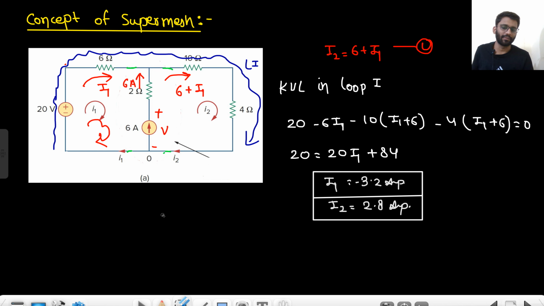Then I will need to find the values of V, I1 and I2. That will be a big problem and give rise to big equations. So I don't want that. I just want I1 plus 6. That's it. So we get I1 and I2 values.